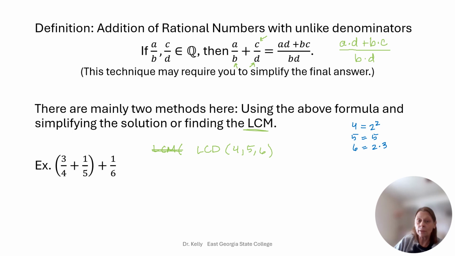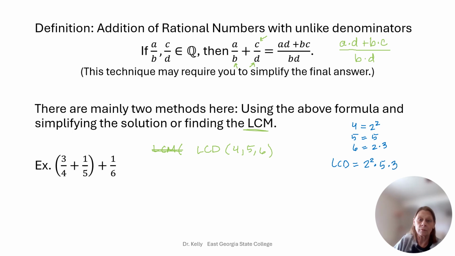The least common denominator, which is the smallest number that 4, 5, and 6 will all divide into, can be found by taking the highest power of each of the prime factors that show up here. So our LCD here is going to be 2 squared times 5 times 3.